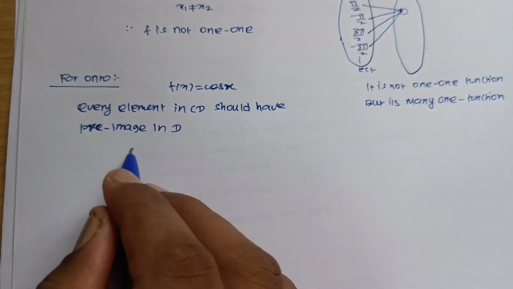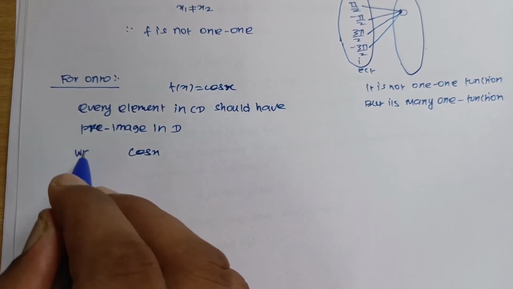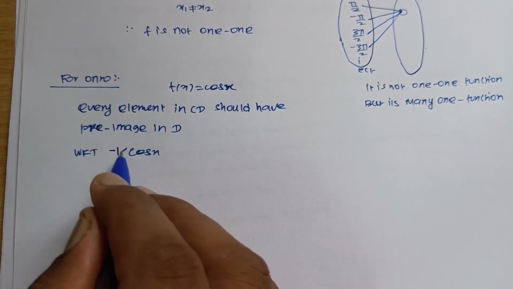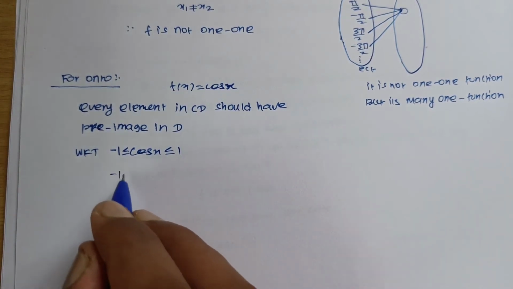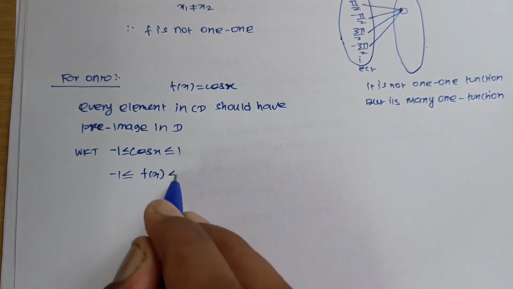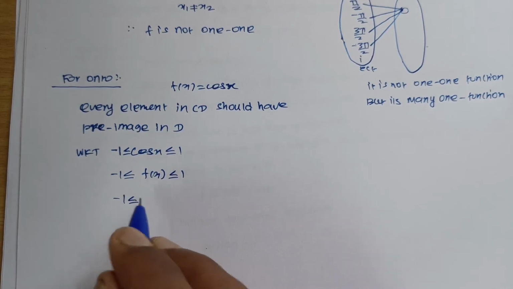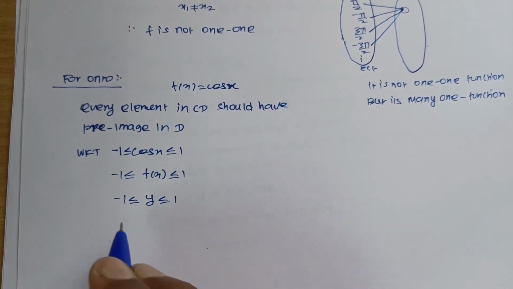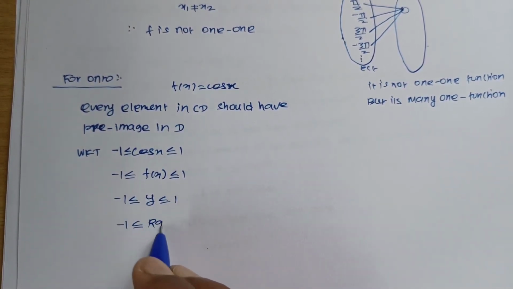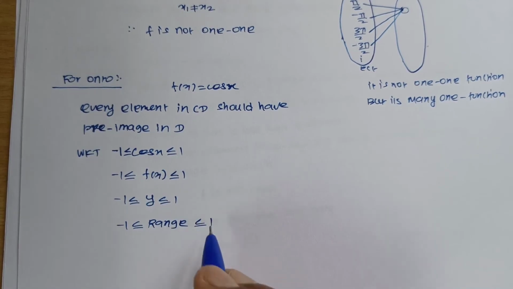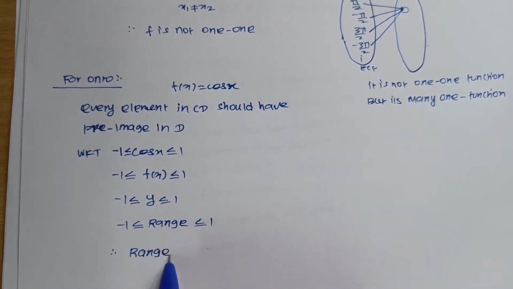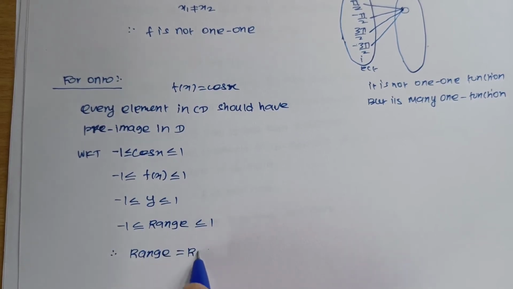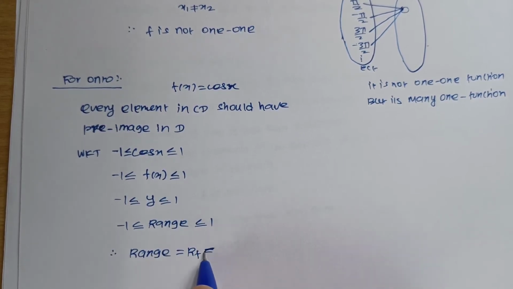Okay, we know that cos x lies between -1 and +1, right? Cos x is nothing but f of x, which is nothing but y. Y is nothing but the range. Therefore the range of the function belongs to the closed interval of -1 comma +1.